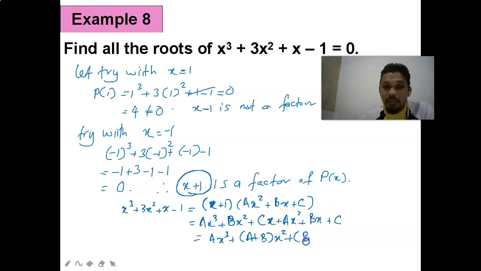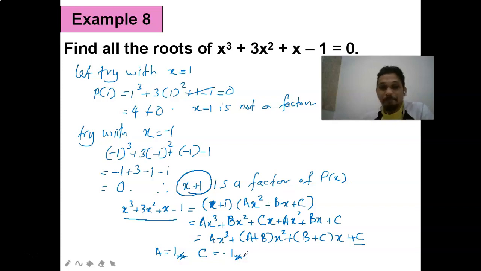So then b plus c times x, plus c. So from here, we compare the one on the left side with the one on the other side. So a equal to 1. c equal to negative 1.